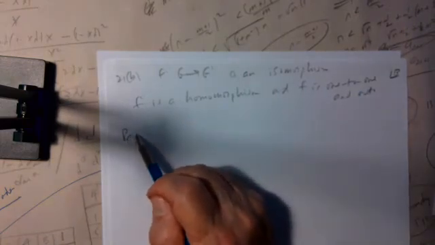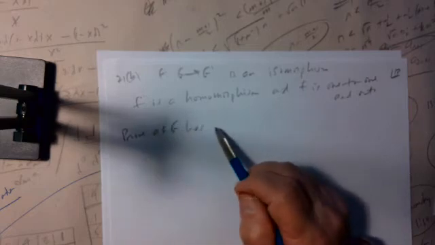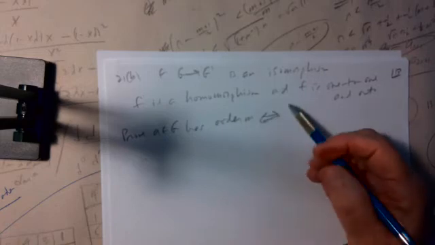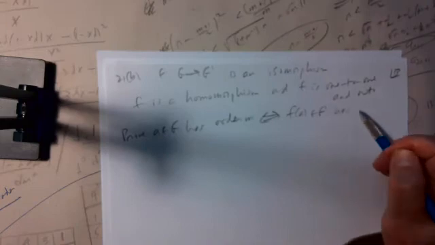We want to prove that A in G has order m if and only if f of A in G prime has order m.